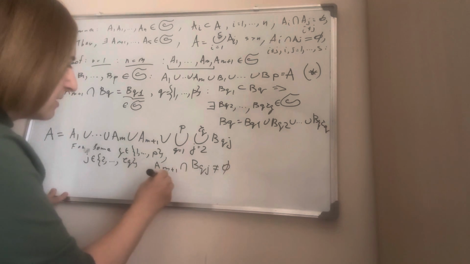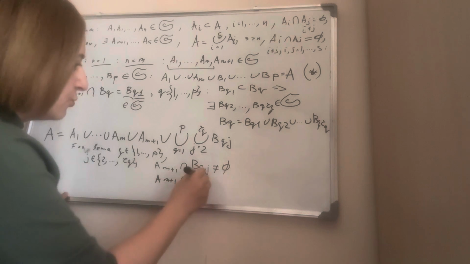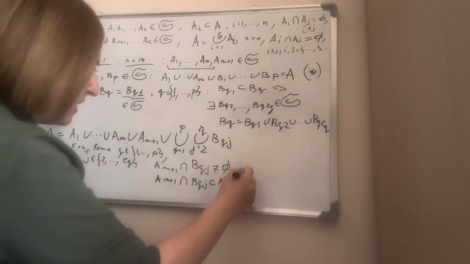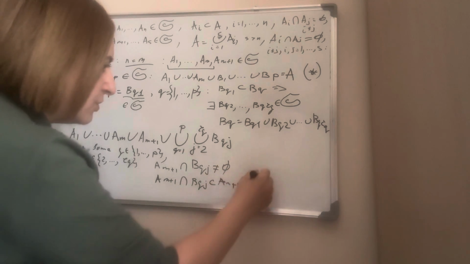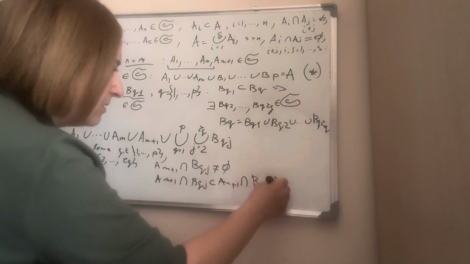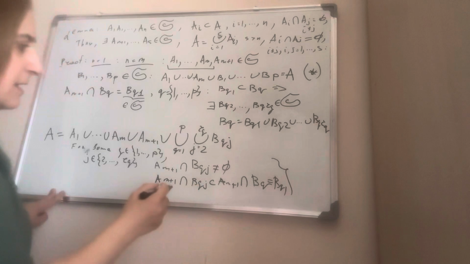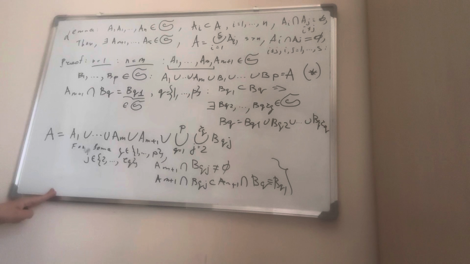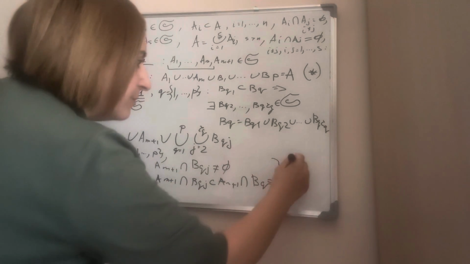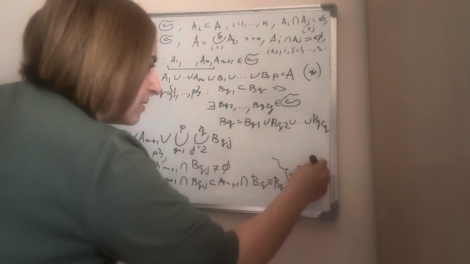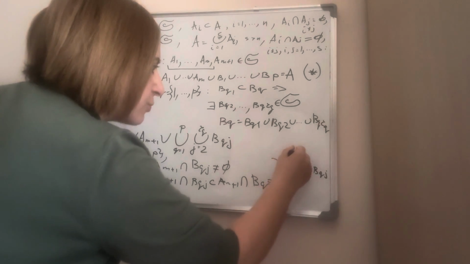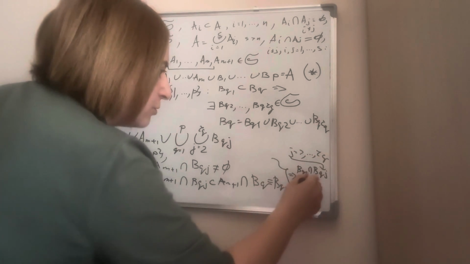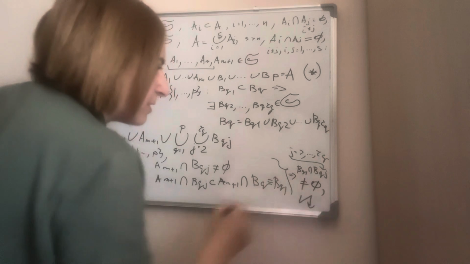But considering that Am+1 intersected with Bqj is a subset of Am+1 intersected with Bq, which is exactly Bq1 by our notation, we will see by this assumption that Bq1 intersected with Bqj, where j changes from 2 to rq here, is not equal to the empty set, which is a contradiction.